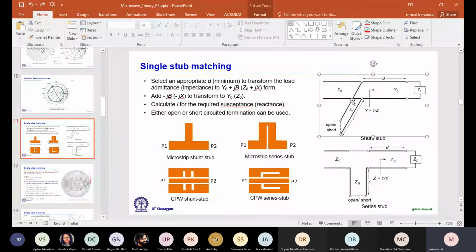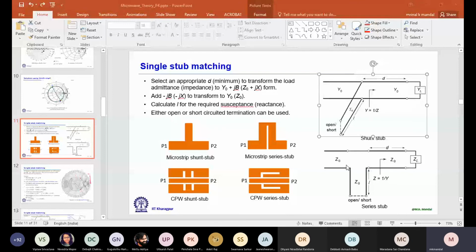The reason I'll come to in a moment. Once the real part of YL is transformed to Y0, the only problem is that we have to cancel the jB part. Let's say at this plane it is Y0 plus jB, then in shunt configuration we have to add minus jB.